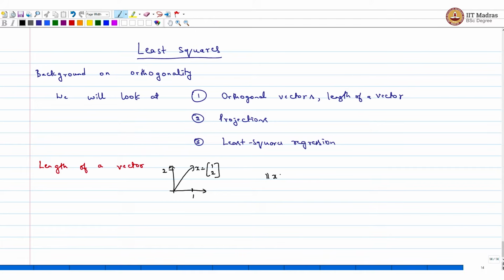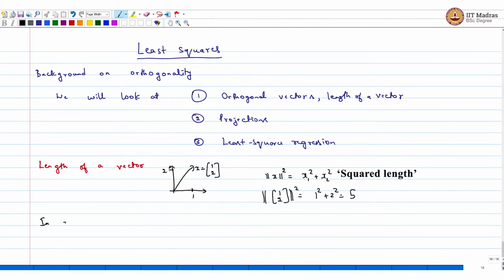So what is the length of this? What we do is x1 square plus x2 square, which in this case, length square equals 1 square plus 2 square equals 5. So that's the intuitive notion of a length.